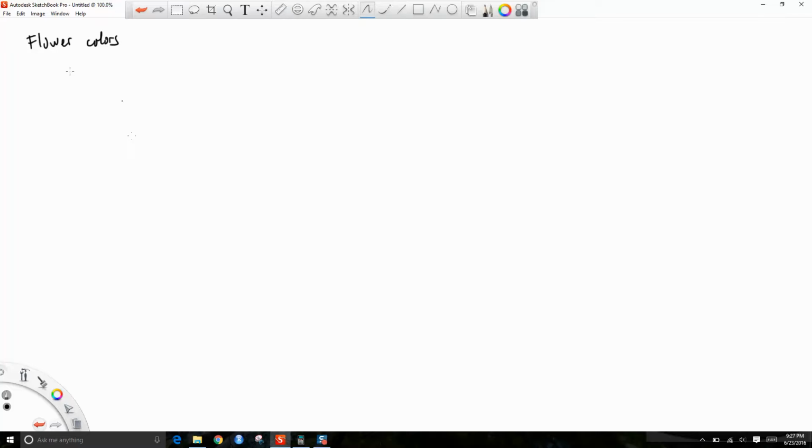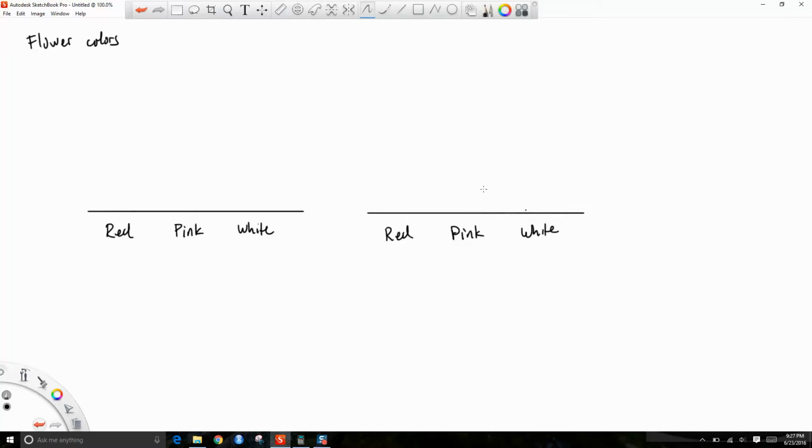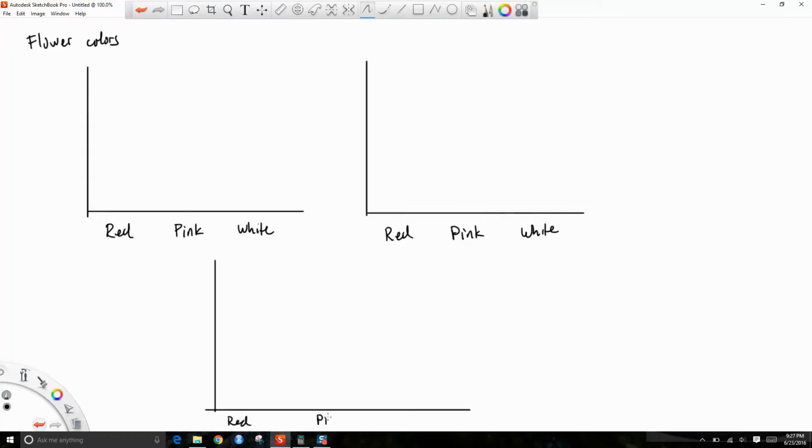So we have red, pink, and white, okay? So you can have red flowers, pink flowers, and white flowers. And so let's say we went through 2 different fields and counted how many red flowers, pink flowers, and white flowers we see, okay? Or maybe we went through 3 fields, just because we love this flower stuff.